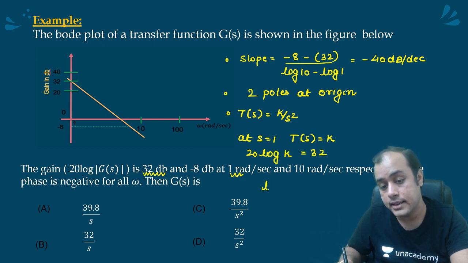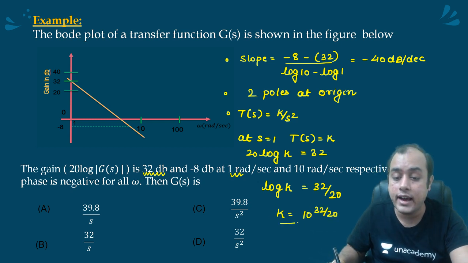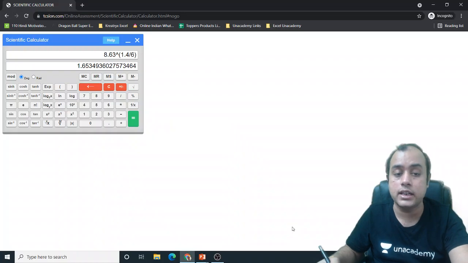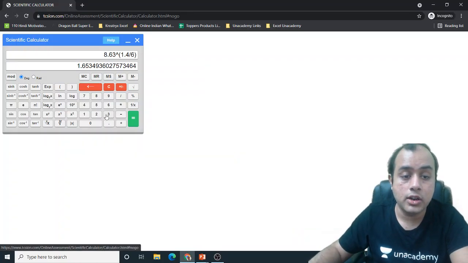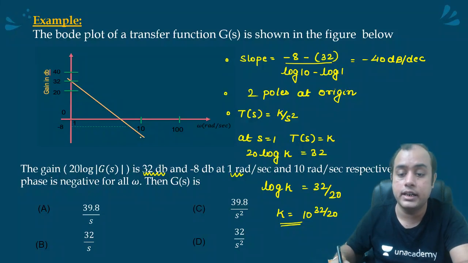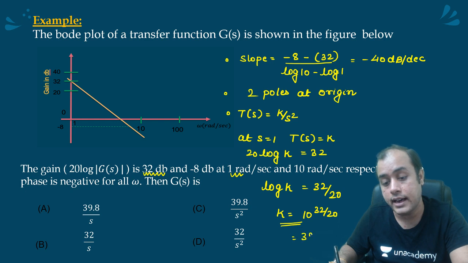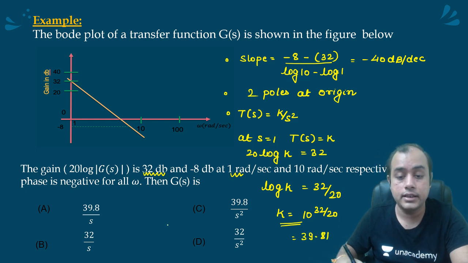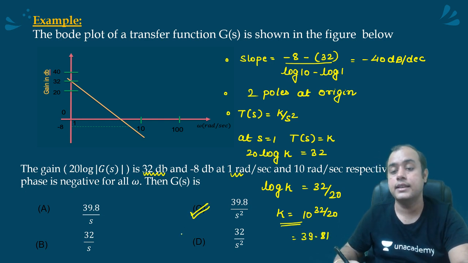So log k is 32 by 20. So k is 10 to the power 32 by 20. Now we need to evaluate this using the virtual calculator. So what I will do, 32 by 20, then 10 to the power. We get 39.81. So we find the answer as C.